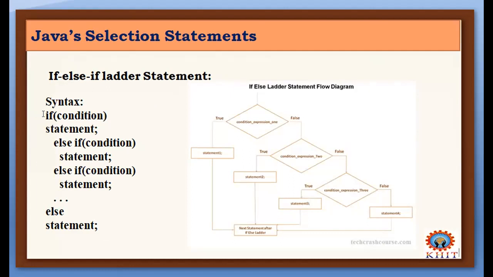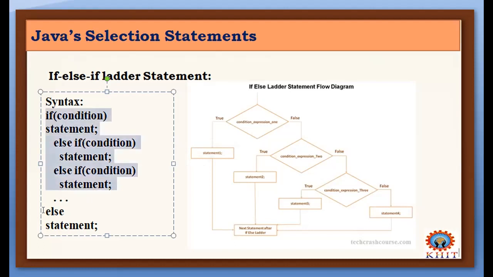First of all, you write the if condition, then the statement, and if this condition becomes false, then you check another condition, else if this one. If this condition also fails, then you check the other condition. Like that, the conditions need to be checked. If none of the conditions is true, then the else statement is executed.